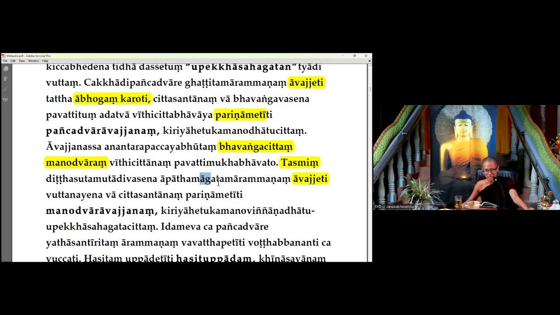Agatam, coming, abhatam, to appearance, or coming into appearance, coming to appear, in terms of ditthadi, in terms of suta, in terms of muta, etc. The object coming to appear in terms of what is seen, in terms of what is heard, in terms of what is experienced, etc.